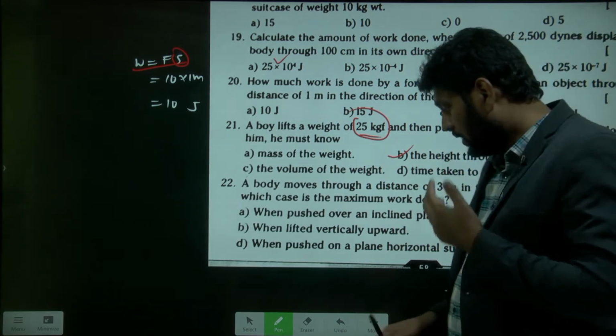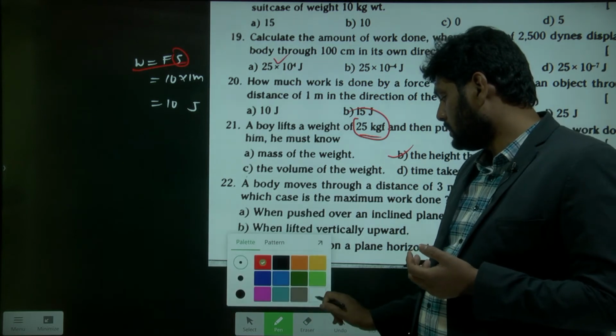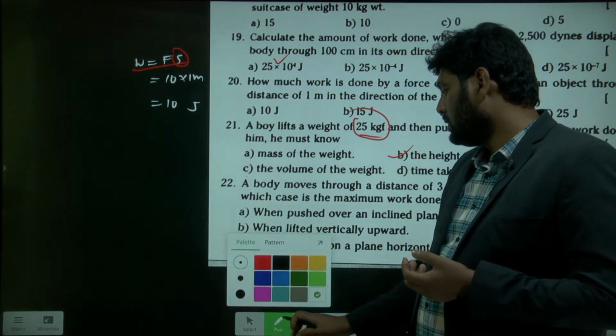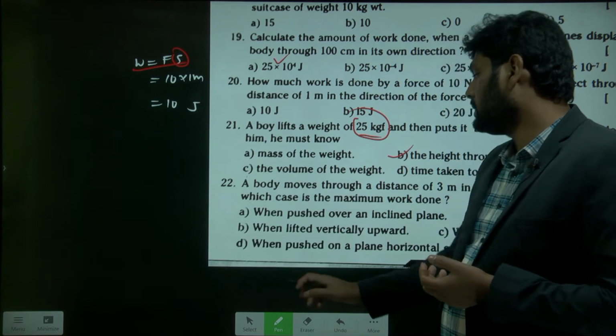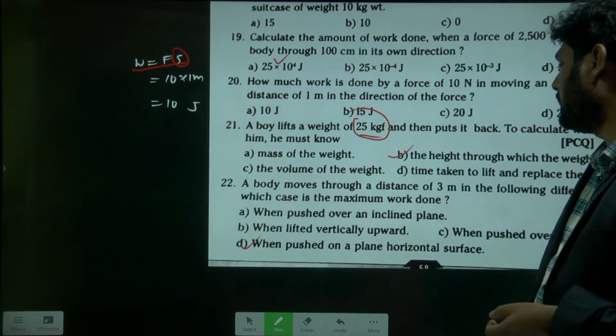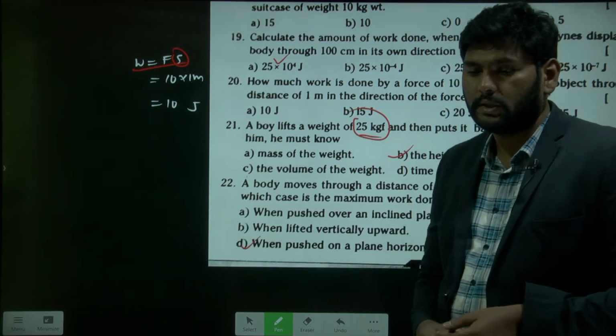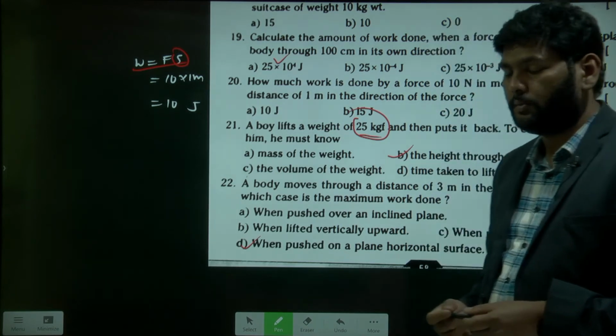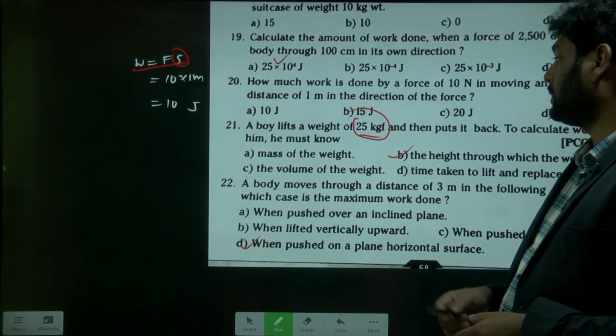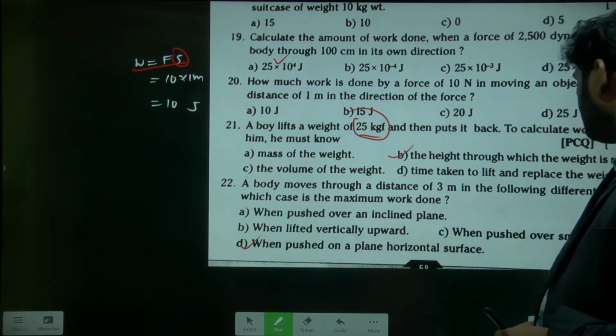In which case will you have more work done? Obviously the answer is when you push on a horizontal plane surface. So in that case we will have more work done. Got it?